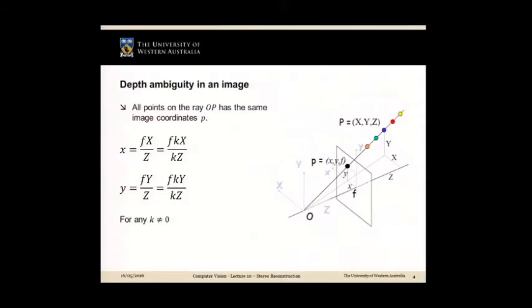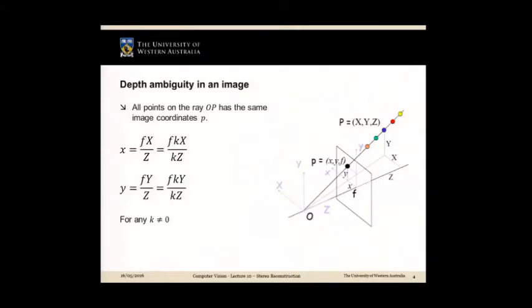Now, if you look at this factor k on the right hand side, what does it mean? If you multiply your x, y, and z by k, the values will change by the same proportion. For example, if k is equal to 1, you get this point. You multiply x, y, and z by 2, let's say, and you get the next point.